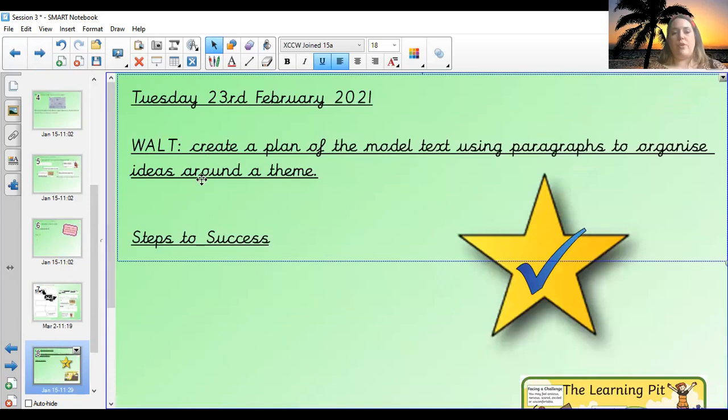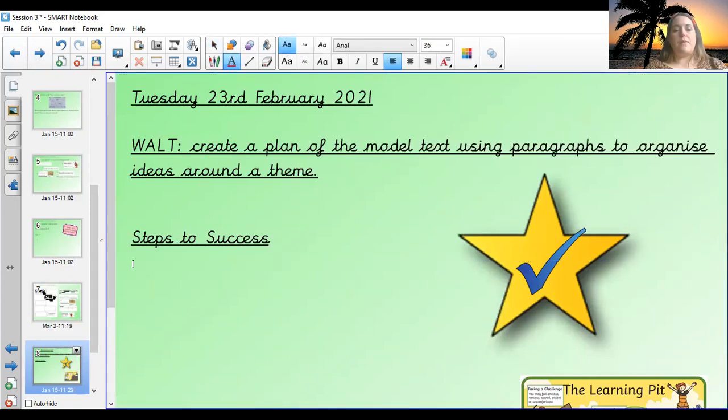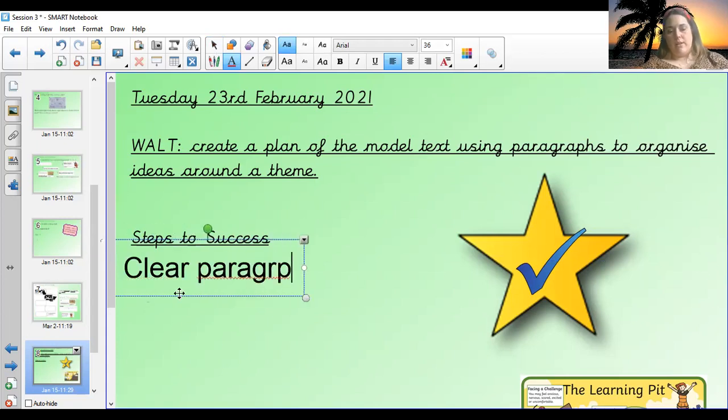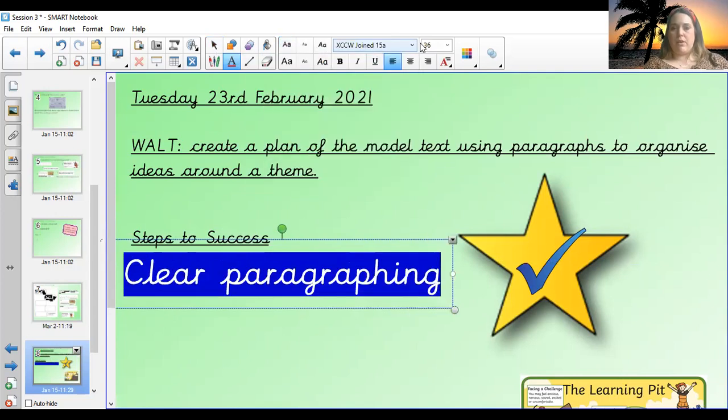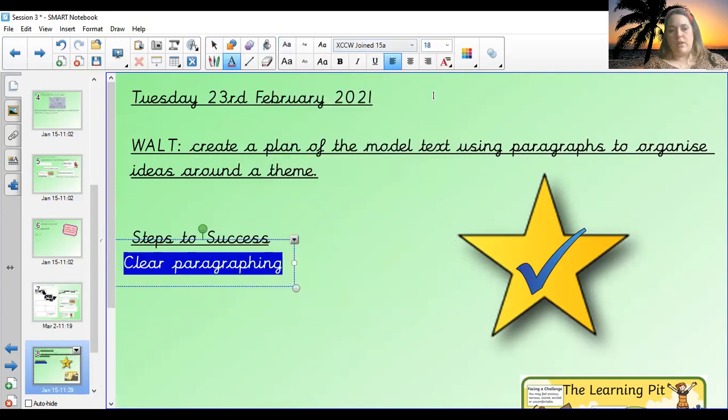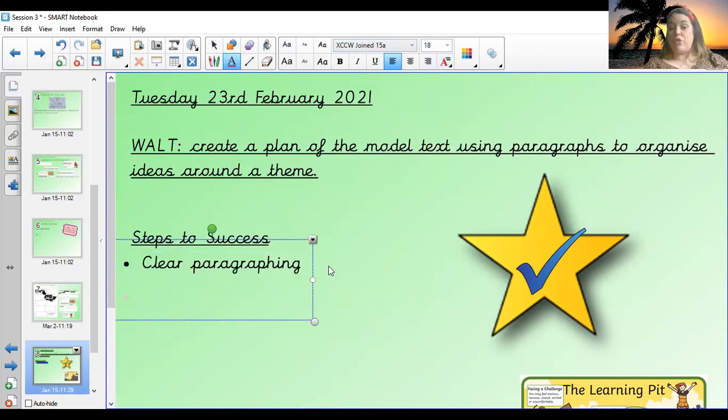So you should already have your date and your WALT. Your steps to success today, year 4, are clear paragraphing. Make sure you've got your work in paragraph boxes. You can either print out the model that we've given you, or you can just draw that into your books. You need to choose the key events.